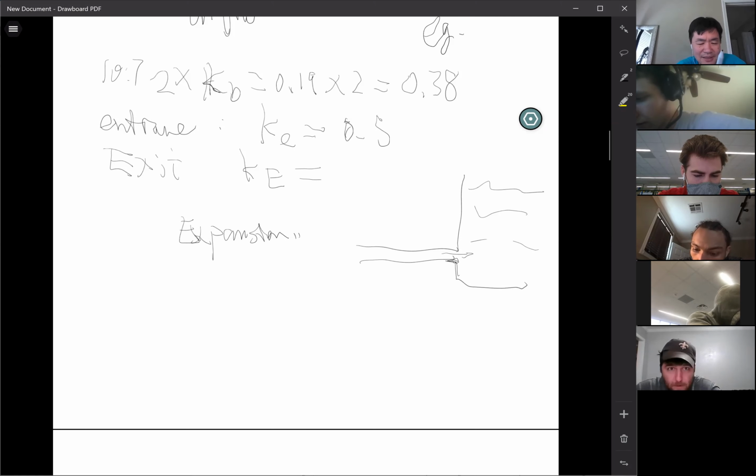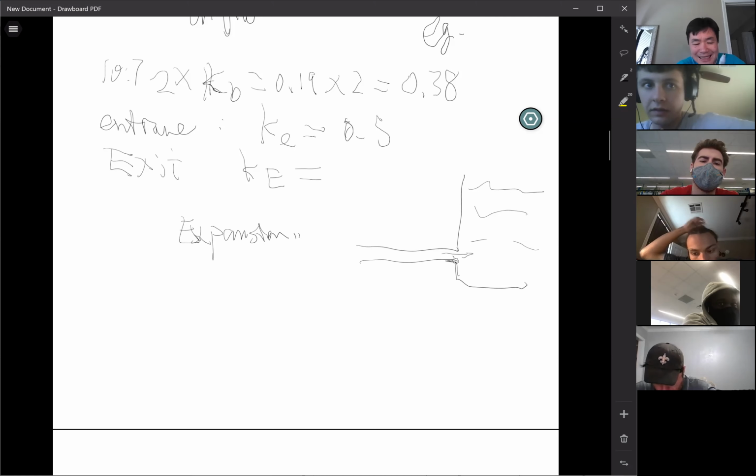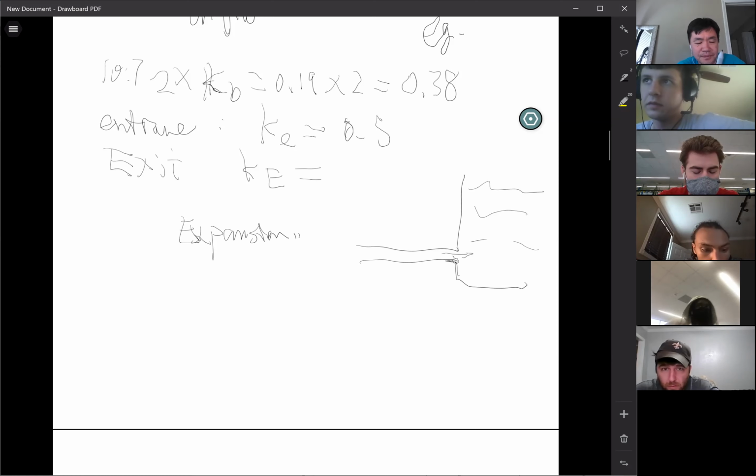You see, D1 is the pipe diameter before the expansion, then D2 is the pipe diameter after the expansion. So if it's an exit, what is the D1 over D2? It's 0. Your D1 divided by infinitely large becomes 0. So if it's 0, what is the K exit?